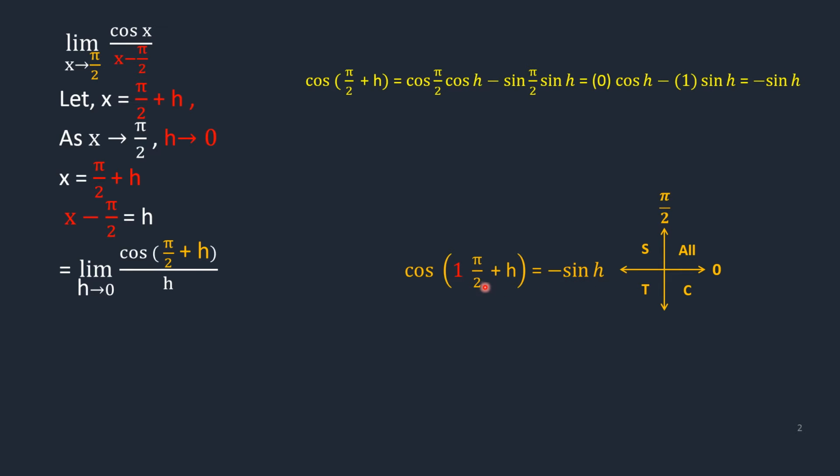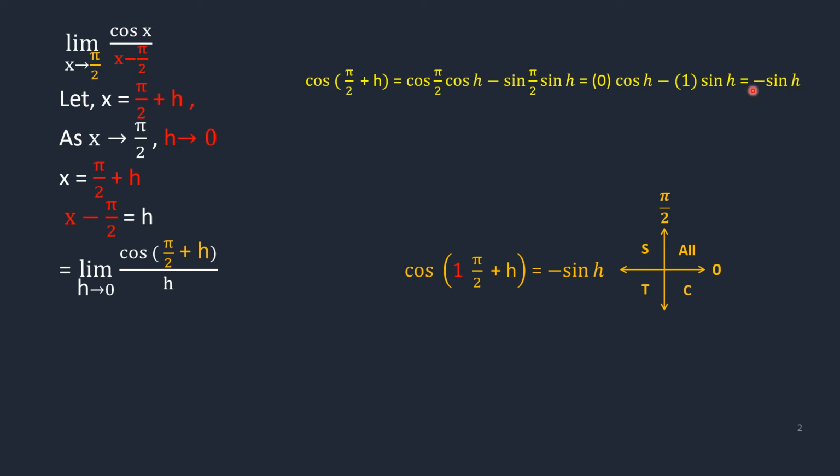Next, pi by 2 plus h is an angle pi by 2 plus something. Therefore, this angle will lie in the second quadrant of this coordinate system. In the second quadrant, as we know, sine and cosec ratios are positive. Here it is cos, so it will be negative. Hence, its value will be minus sin h.